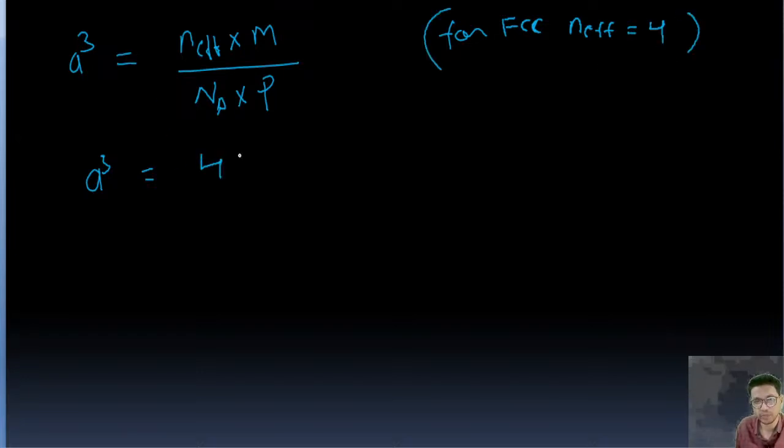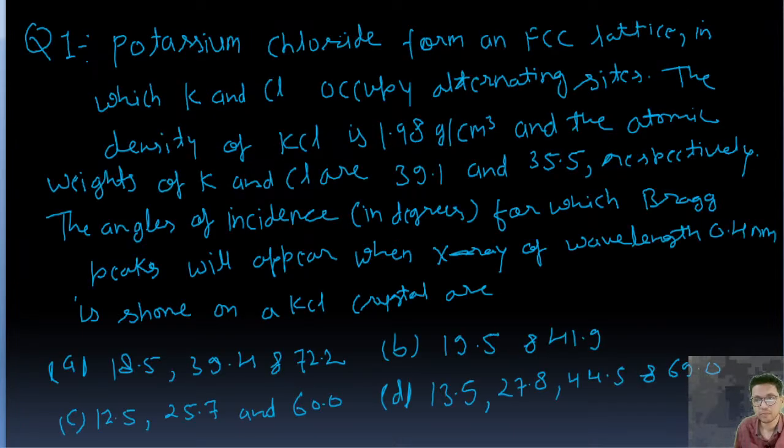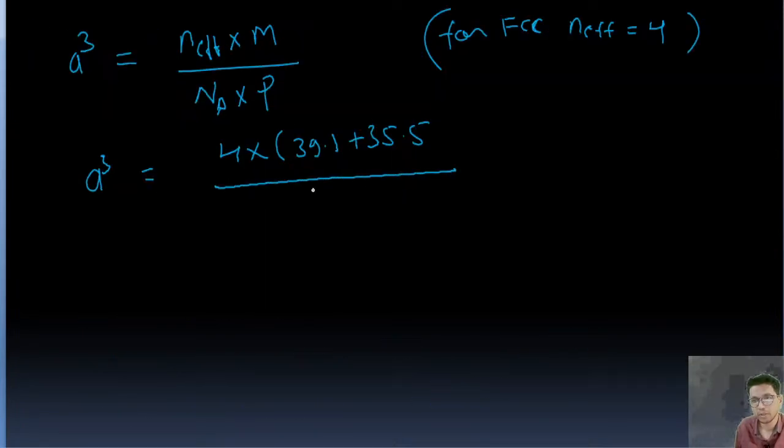So this is going to be 4 into the molar mass, that is 39.1 for K plus 35.5 for Cl, or we can write directly 4 into (39.1 + 35.5), upon N_A, the Avogadro number, right?